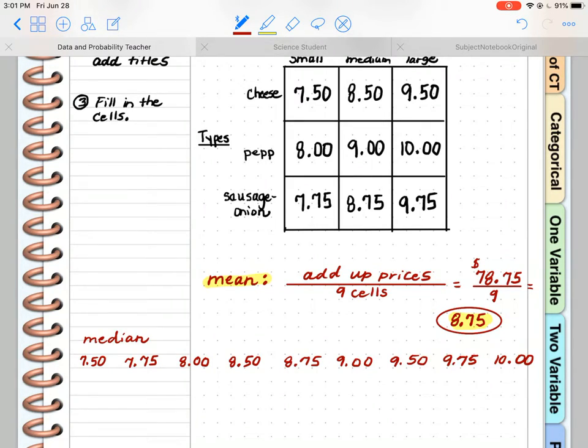So the median for this data set, if there are 9 scores, the median is the 5th one. It's the one at 4.5. So there is 8.75, and look at that. This time the median and the mean are the same. And that happens sometimes, especially in a small range.